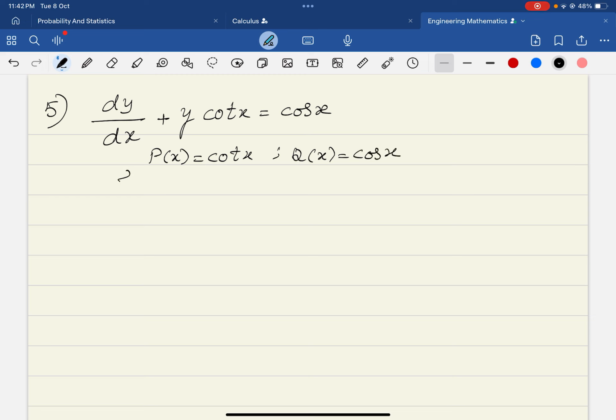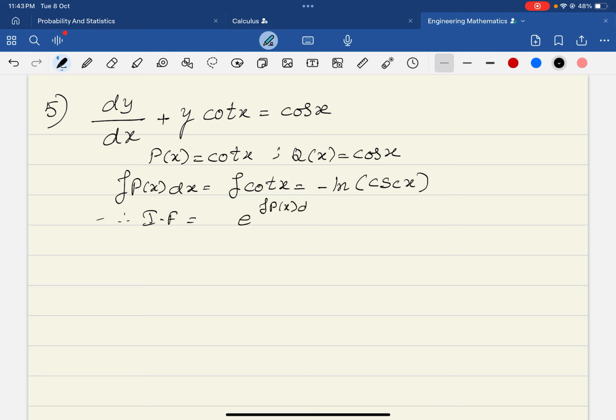So what can we write here? The integral of p of x dx, that is the integral of cot x. What is the integral of cot? The integral of cot is minus ln of cosecant x. So therefore, what is the integrating factor? e raised to the integral of p of x dx.